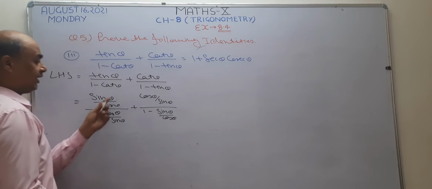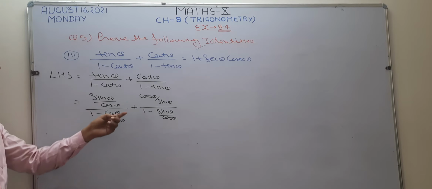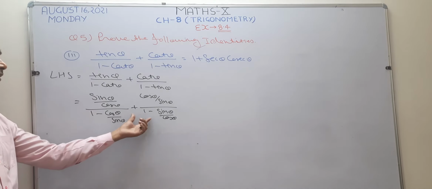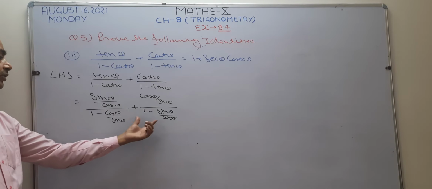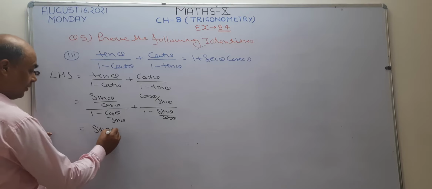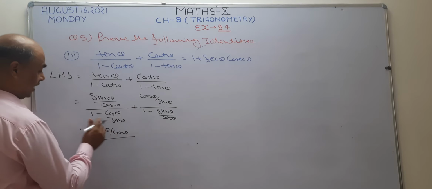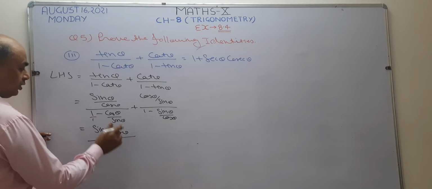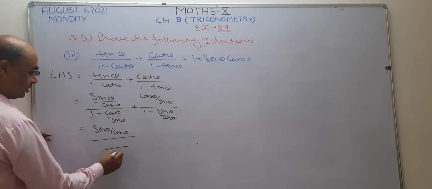So after converting every term in terms of sin and cos, I am going to take the LCM of their denominator part. The numerator part is going to remain same, so sin theta by cos theta remains same. I am going to take the LCM of these two. What is the LCM of these two? LCM of 1 and sin is sin theta.